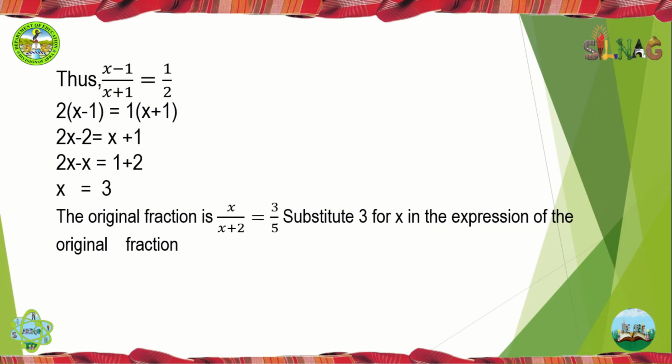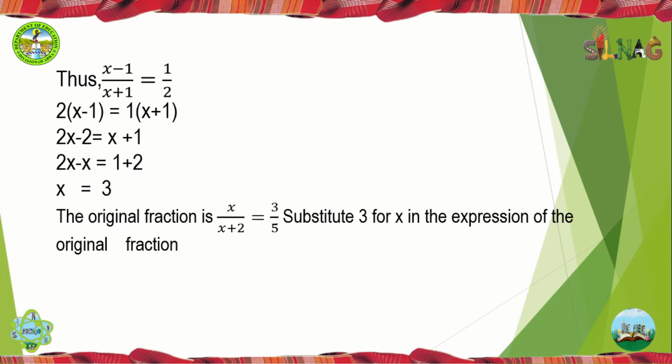So we have to cross multiply to solve for the value of x. We have 2 times the quantity x minus 1 is equal to 1 times the quantity x plus 1. 2 times the quantity x minus 1 is equal to 2x minus 2, applying the distributive property.